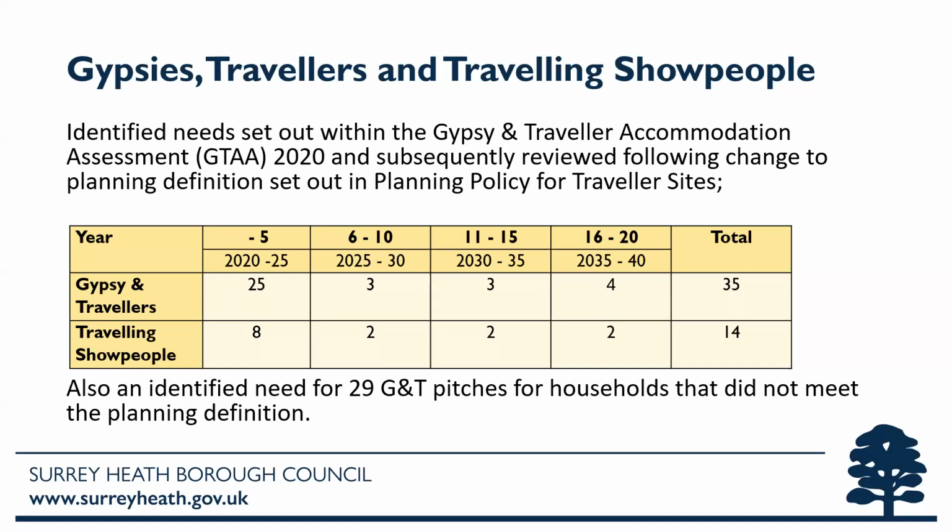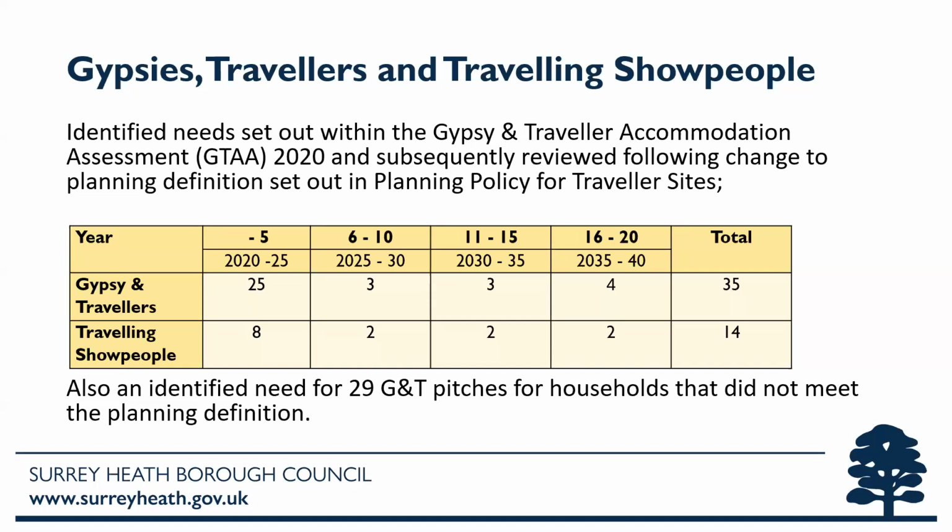The council's overall identified needs for gypsies and travellers and travelling show people were set out in the council's Gypsy and Traveller Accommodation Assessment. This was prepared in 2020. However, in 2023, the planning definition was revised, and as a result of that change, whilst the overall level of need set out in the study remains the same, our need for gypsies and travellers meeting the planning definition has gone up slightly.